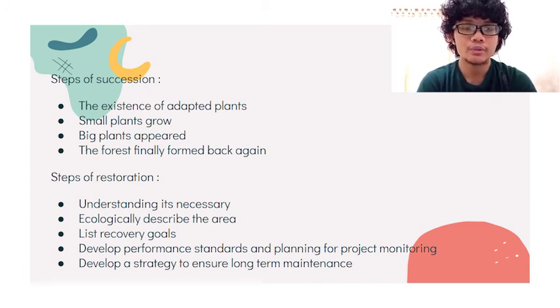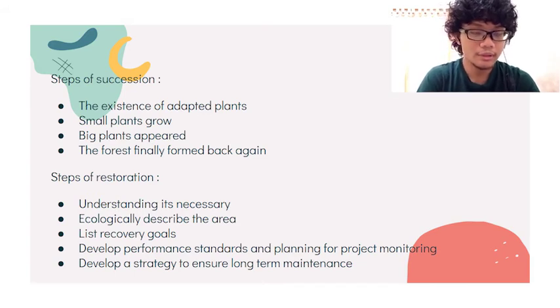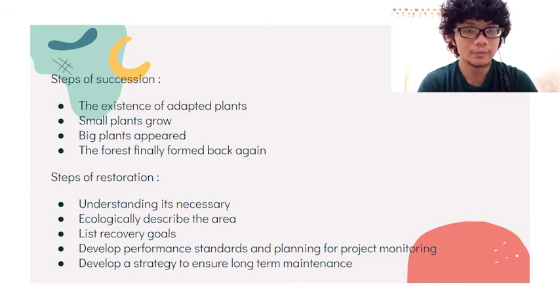But if we want to restore a disturbed ecosystem, there are also several steps to be done. The first is we need to understand why we need to restore the ecosystem, and then we ecologically describe the area that needs to be restored.